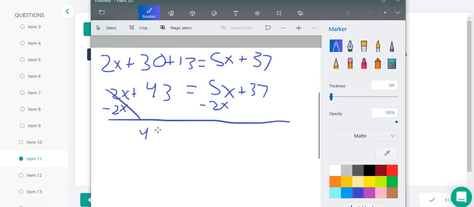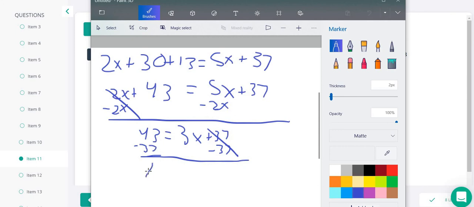Those cancel. 43 equals 5 minus 2 is 3x plus 37. Now we got to get rid of this 37, subtract 37 from both sides. Those cancel. Over here we get 6 equals 3x, divide by 3, and x equals 2.